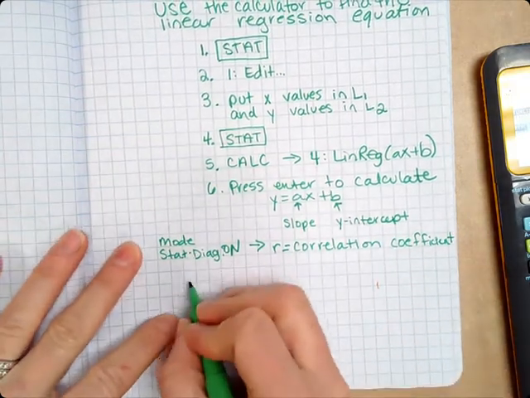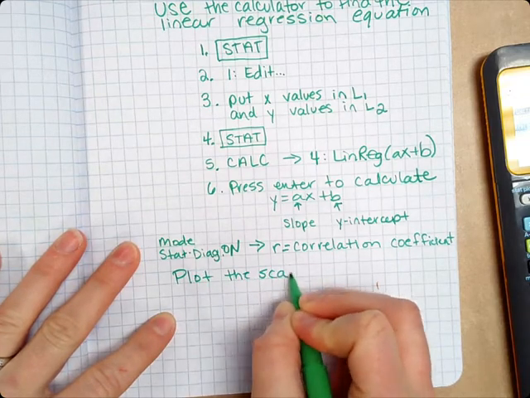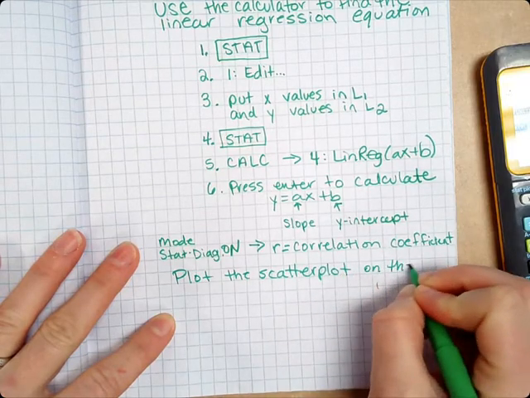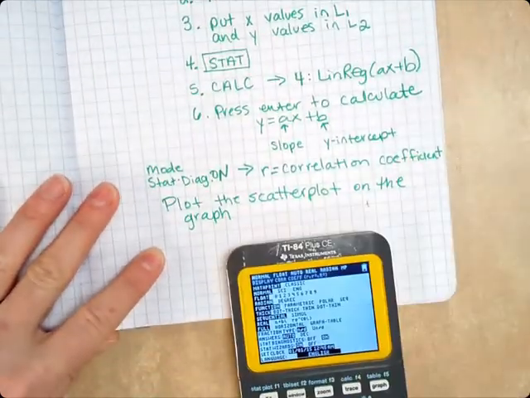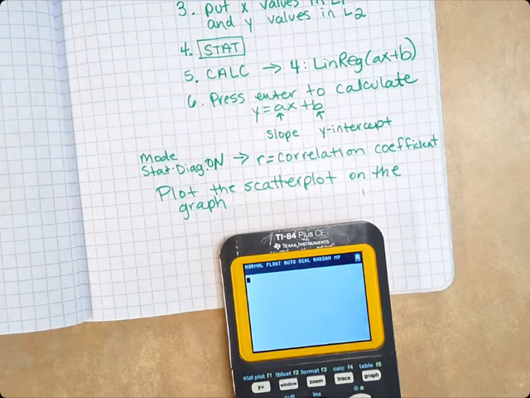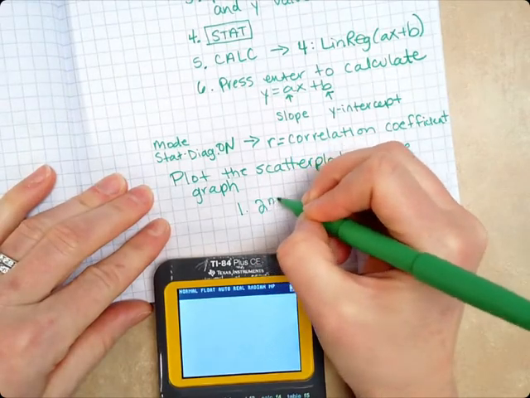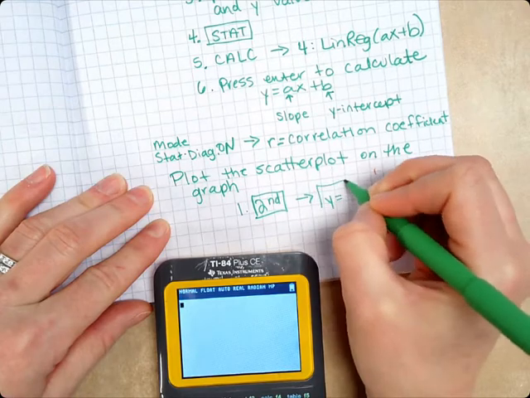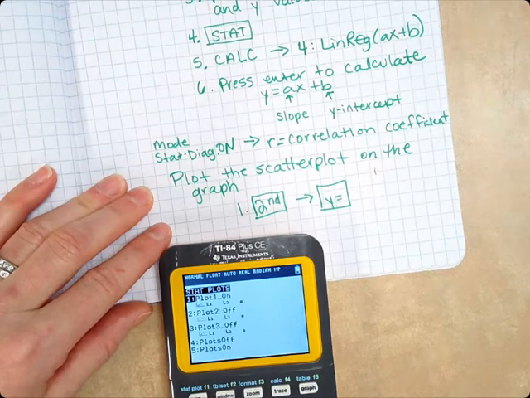Now, how do we plot the scatter plot on the graph? Let's go through those steps. I'm going to second quit to get out of there. You remember how we do that? Second y equals. Second y equals. And that's stat plot.